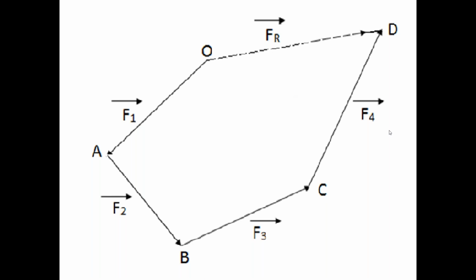Since it is an open polygon, we have this closing side indicating the resultant force. But if this polygon is a closed polygon, if the point D coincides with point O, there is no closing side of the polygon. If there is no closing side of the polygon, there is no resultant force.